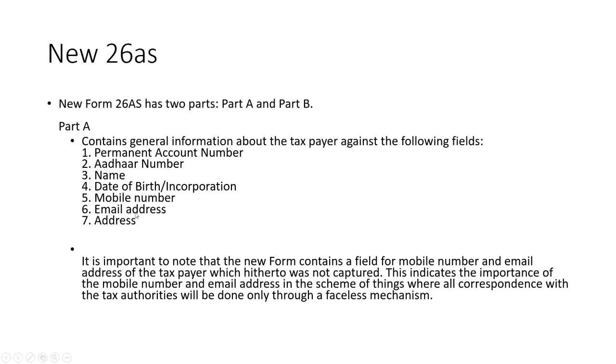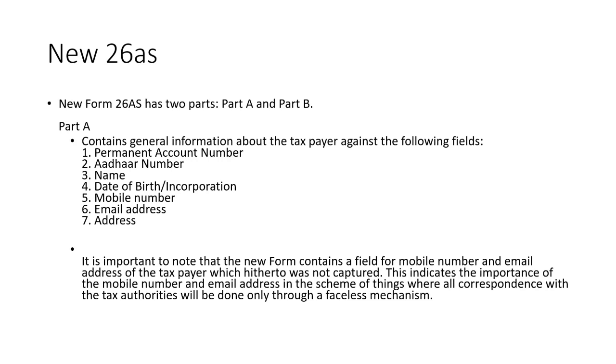Earlier only PAN number, name of the taxpayer and the address was there. Now, in addition to all those things, Aadhaar number, date of birth, mobile number, email address, and everything is there. So this is a change in the new 26 AS as compared to the earlier 26 AS.